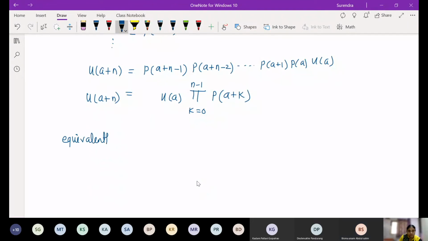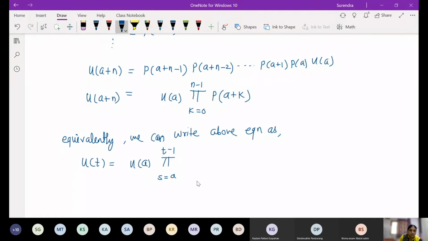Equivalently, we can write the above equation as u at t is equal to u at a times the product s equal to a to t minus 1 of p at s, where t is equal to a plus 1, a plus 2 and so on.